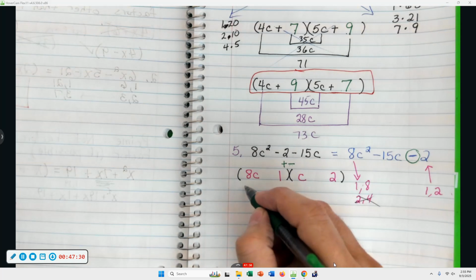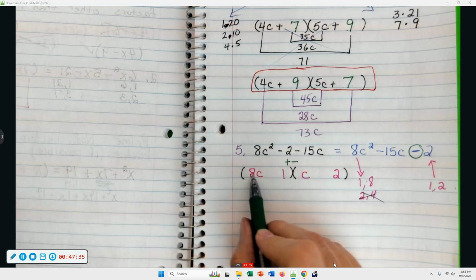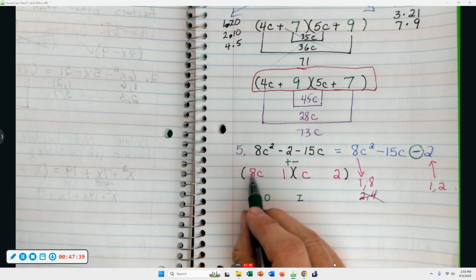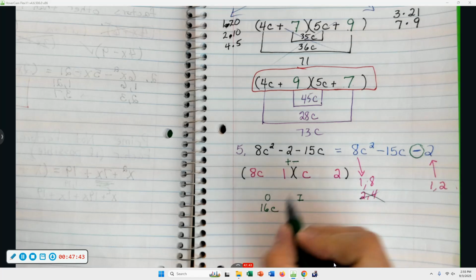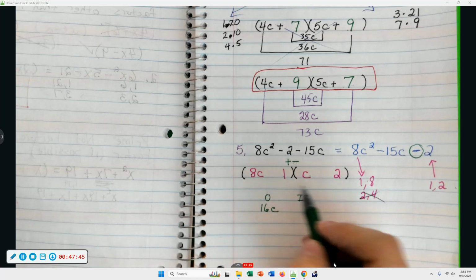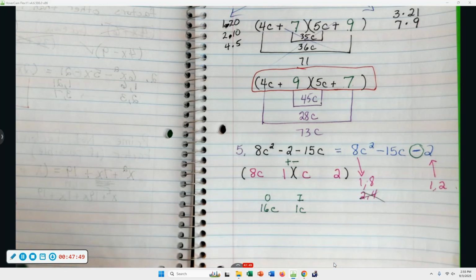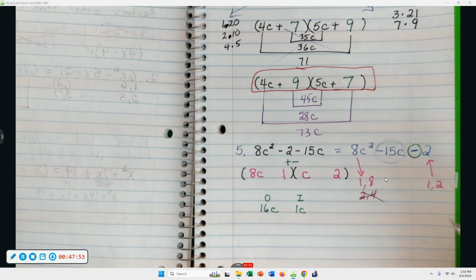The first term in the parentheses, so let's look at the outer. If we just want to do it like this, outer and inner. The outer term would be a 16C. The inner term is a 1C, or if you just want to write C, that's fine. But we need a negative 15C.